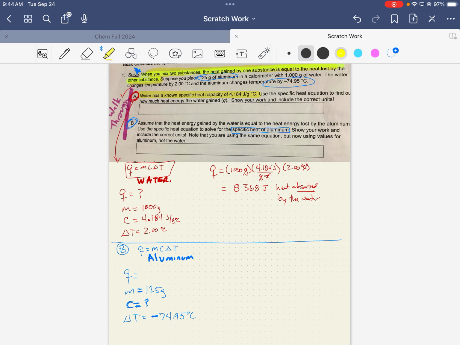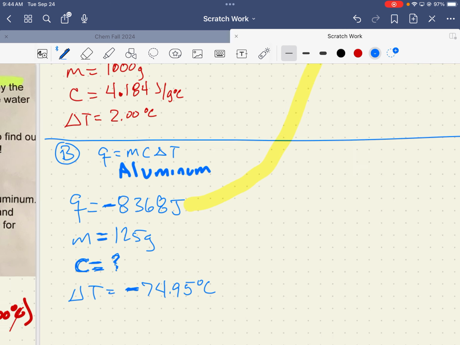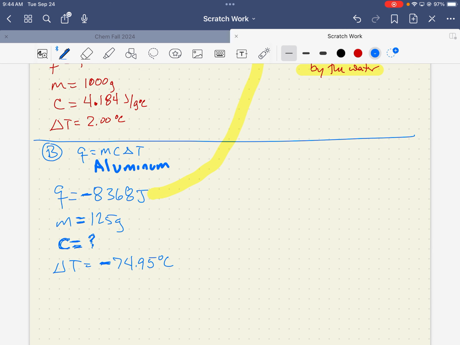Remember, the heat that was absorbed by the water is exactly the same heat that is released by the aluminum. So the amount that's released by the aluminum is 8,368 joules. To show that it's released, I really should put a negative number there, but what's going to end up happening is the energy was released, which caused the temperature to go down.